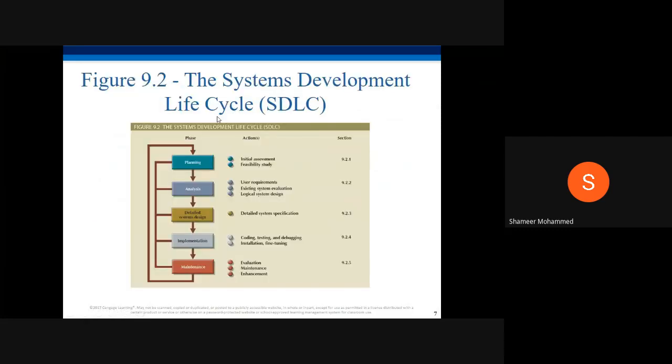See, these are the actions that you will take in each phase of the life cycle of a systems development. The first phase is planning. In this phase, what are the actions that you are going to perform?